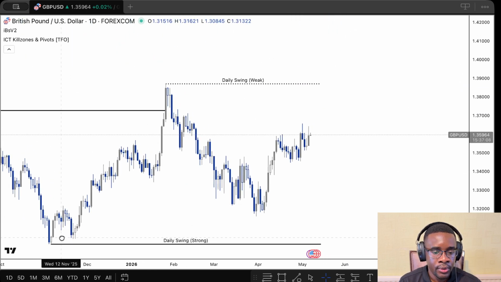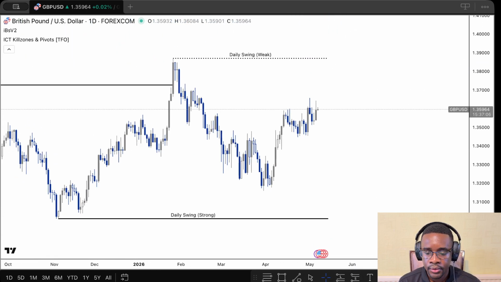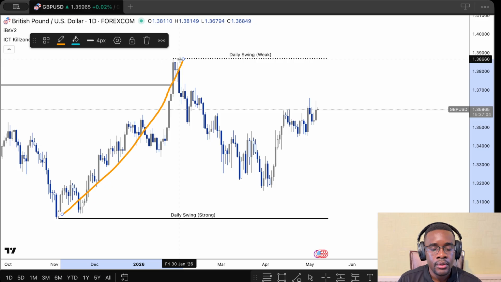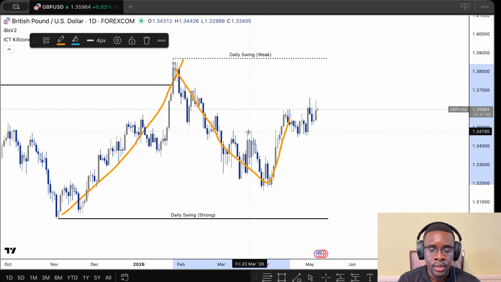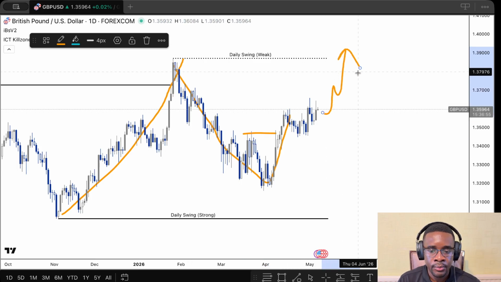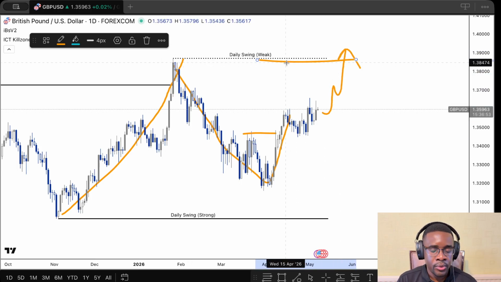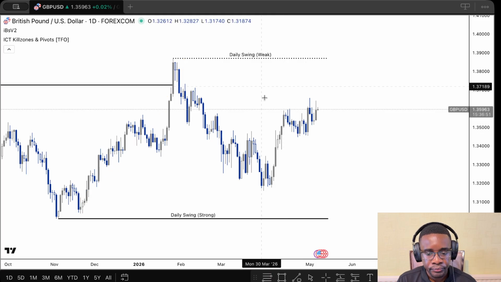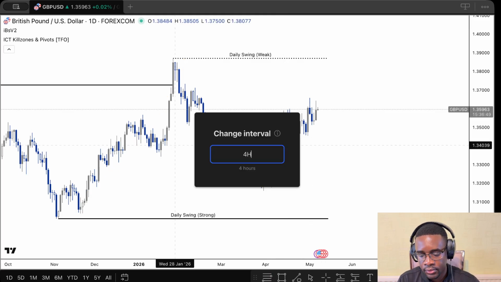So we know price is bullish, the swing is bullish, internally it's bearish, and then switch to bullish again. So swing and internal, they're both bullish, so it's highly likely that price could continue to target this weak daily swing high. Okay, that is more probable now.